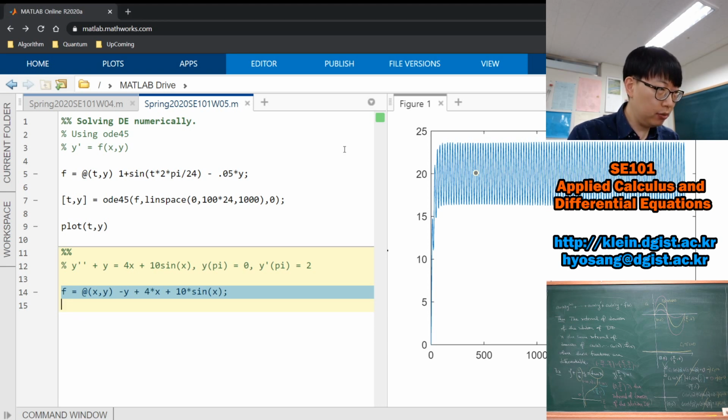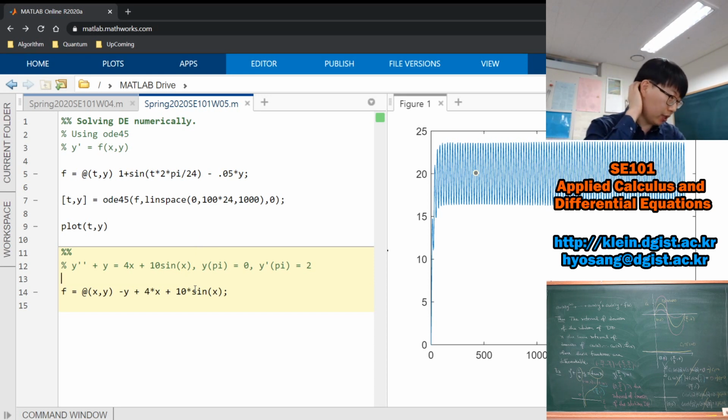So you can solve a second order differential equation using ODE45, but you need a little bit more work. Well, let's do this. Do we have time? 10 minutes or so. So, solving a second order DE numerically. Okay.